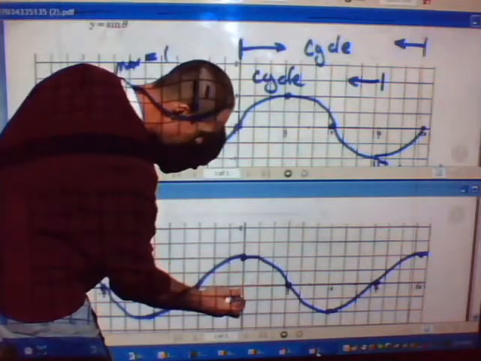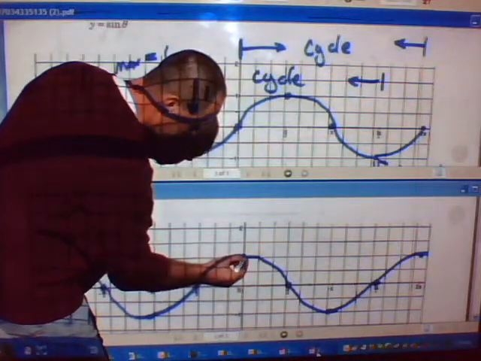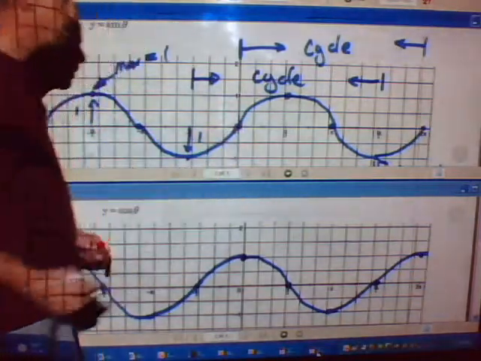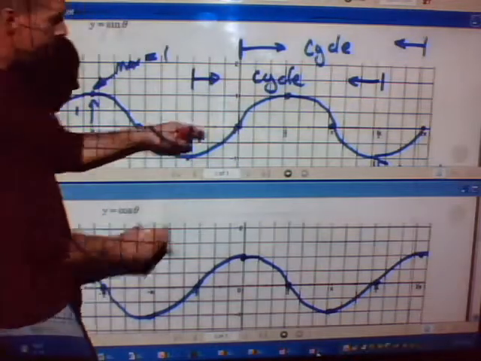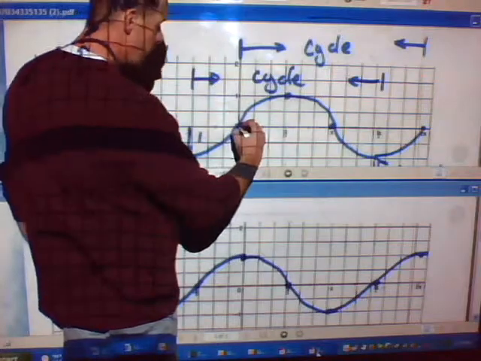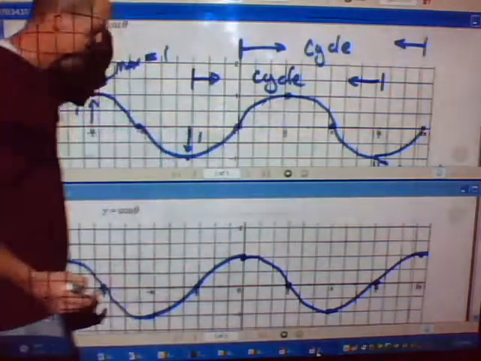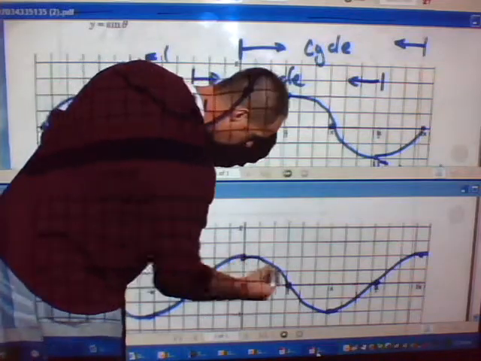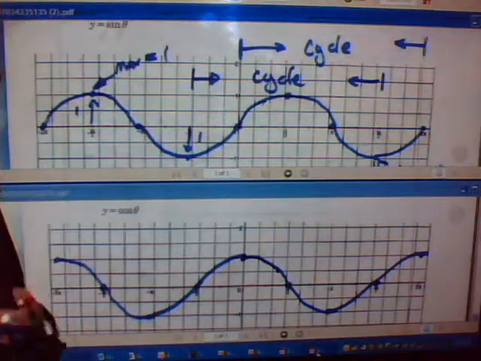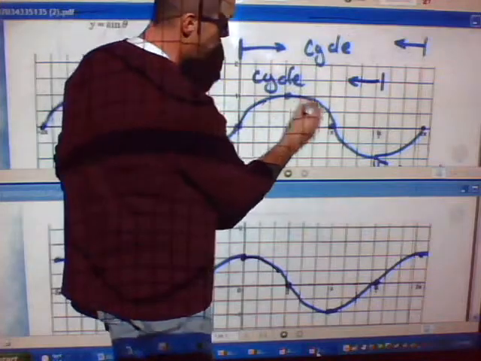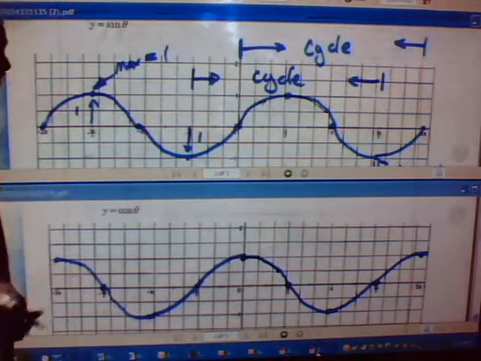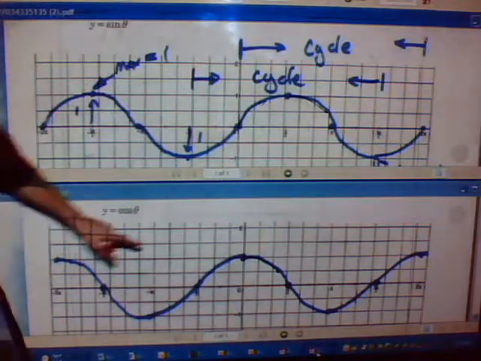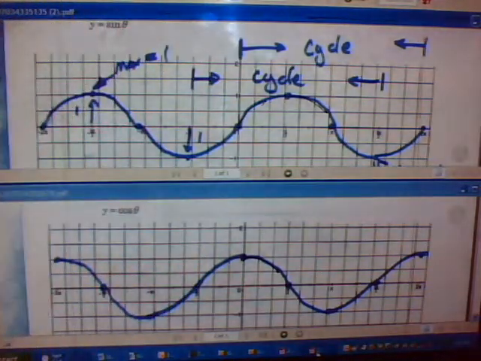On the cosine, the graph starts at positive 1. On the sine, the graph starts at 0. And then from here, the sine graph moves up to positive 1. The cosine starts at positive 1 and heads to 0, which is actually what happens at this point on the sine graph. So sine starts at the origin, cosine starts at positive 1.